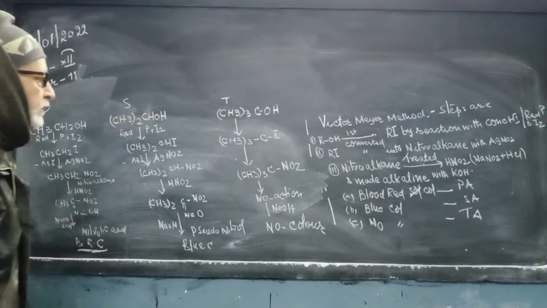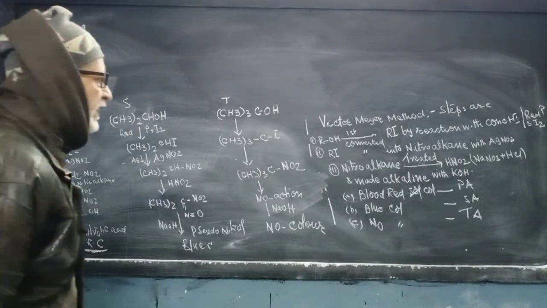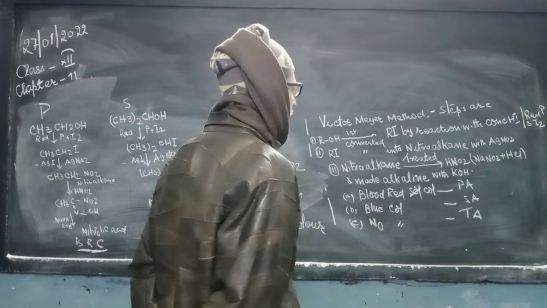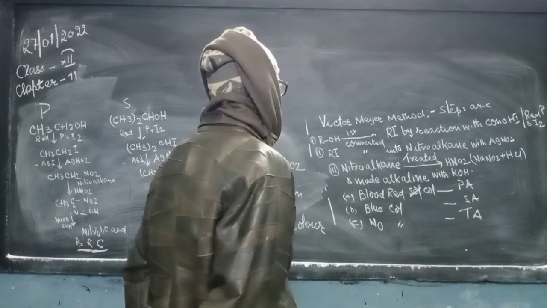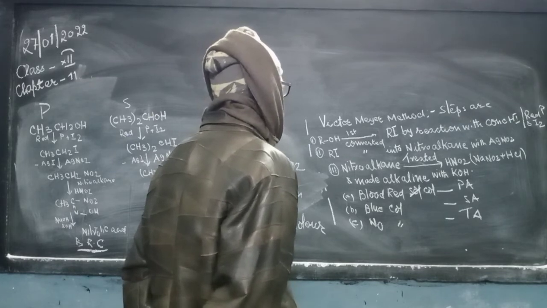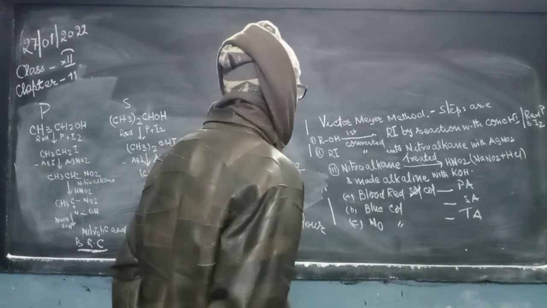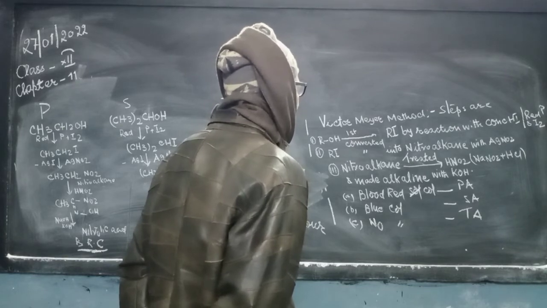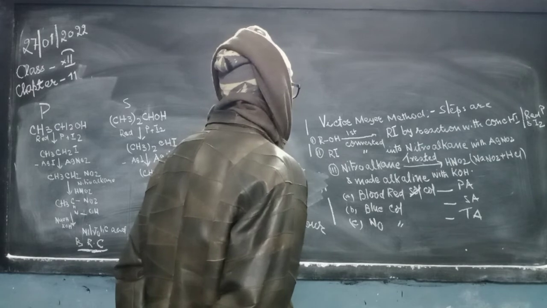Alcohol is first converted into alkyl iodide by reaction with concentrated HI or red phosphorus and iodine. Alkyl iodide in the second step is converted into nitroalkane with the help of silver nitrite.